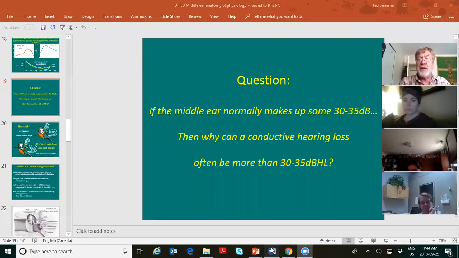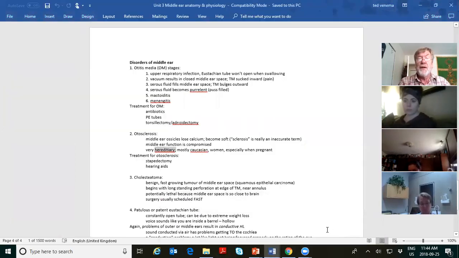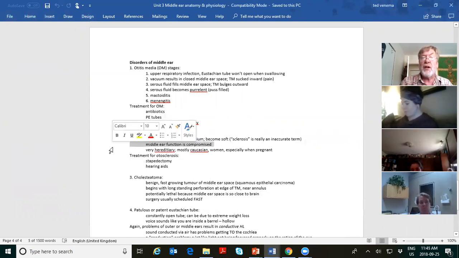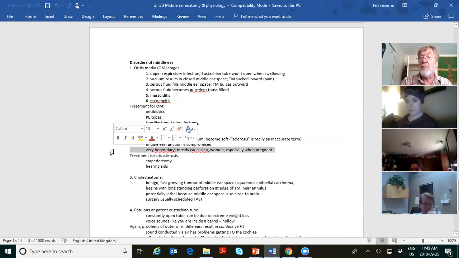Back to our notes on disorders. We're almost finished the middle ear here. Otosclerosis. Usually the treatment is stapedectomy. And look at this. It's very hereditary, mostly Caucasian, more women than men, and especially when pregnant.